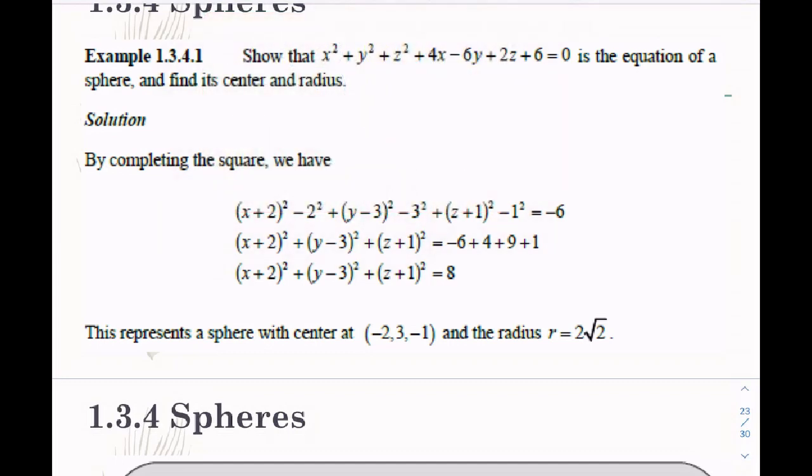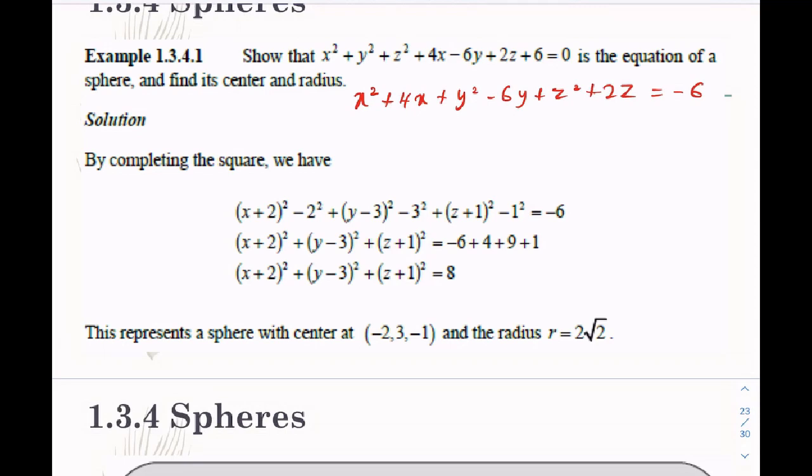In between, you have to collect all the x terms, x squared with the 4x, y squared with the minus 6y, and then z squared with the 2z, and then we put 6 at the other side of the equation, which becomes negative 6. Can you see the pattern?